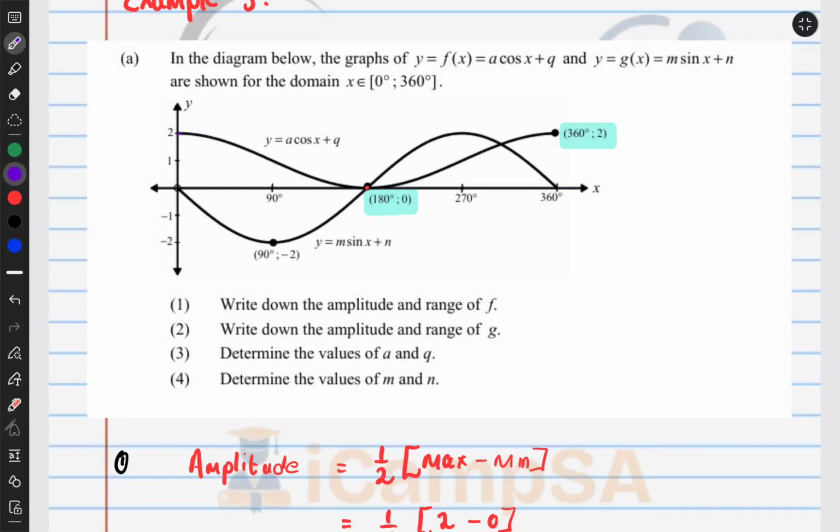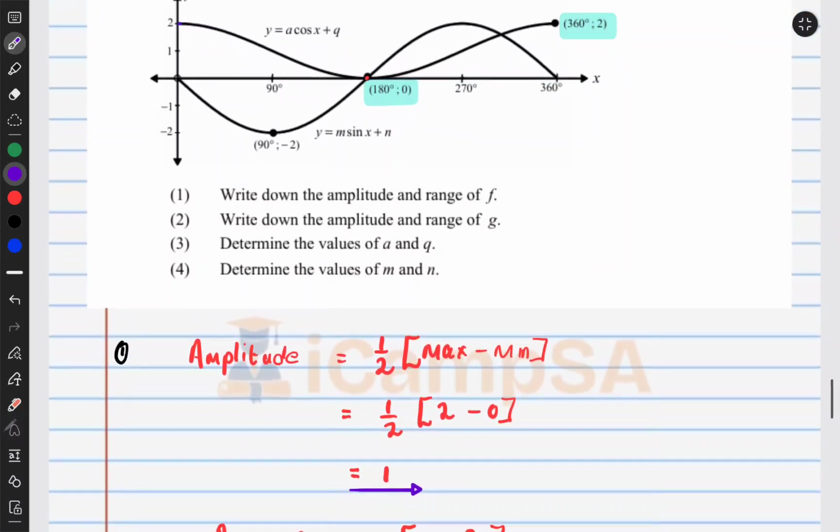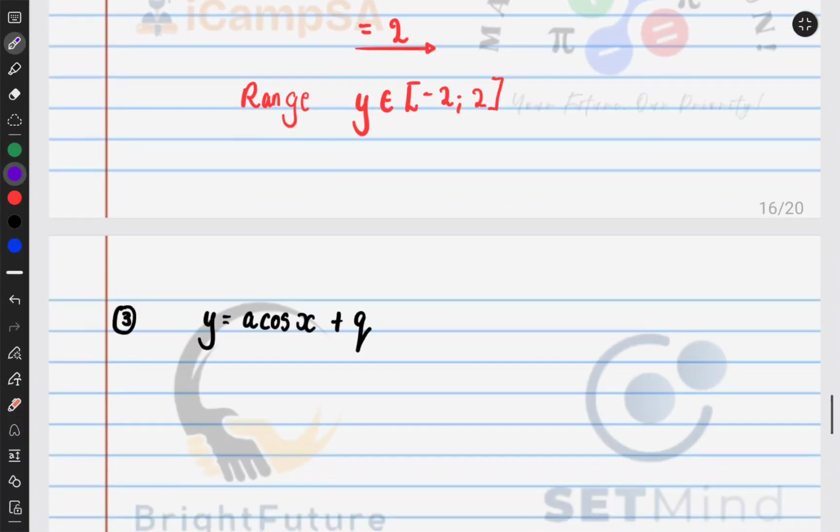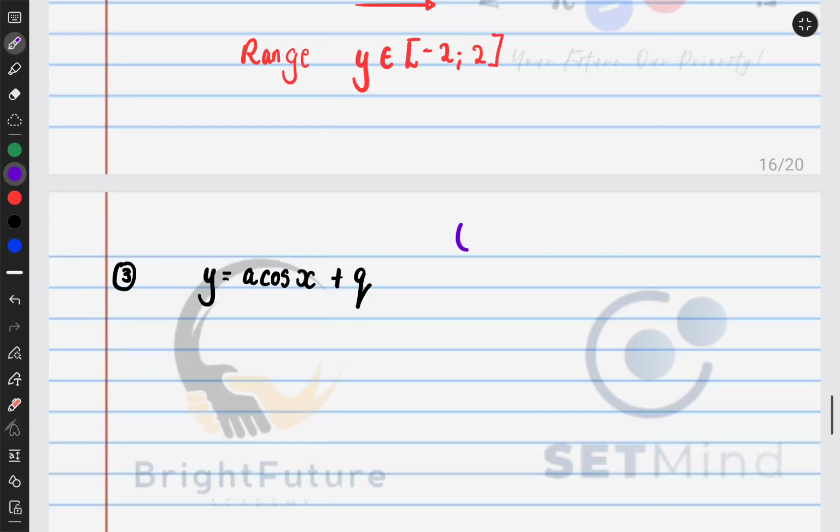But let's just use 180 degrees and 0, and 360 degrees and 2. We are looking for A and Q.